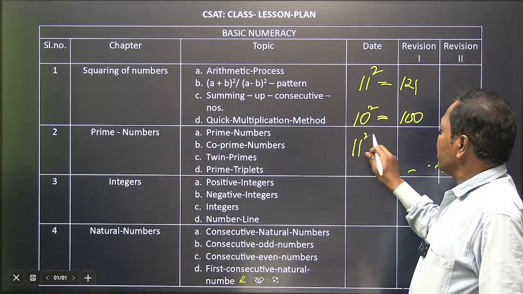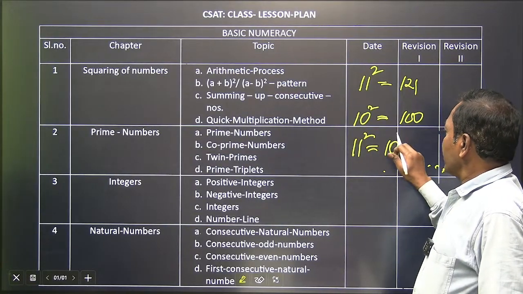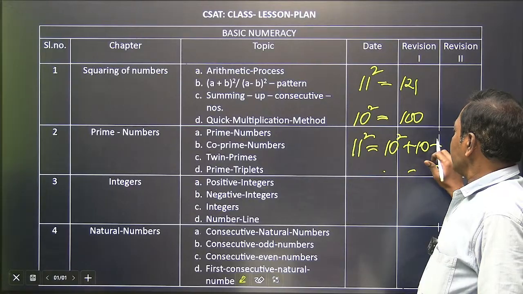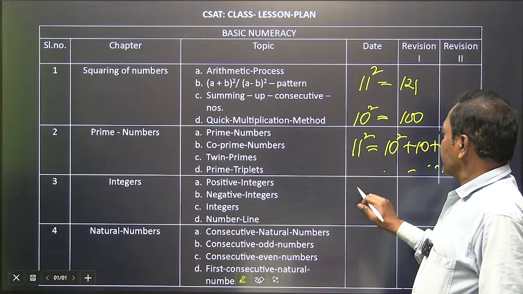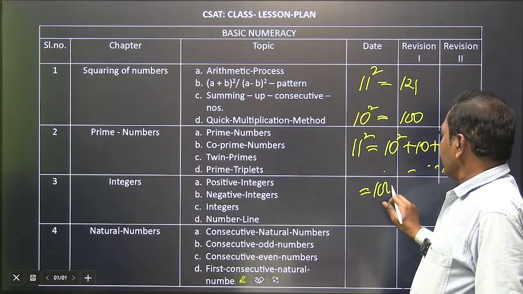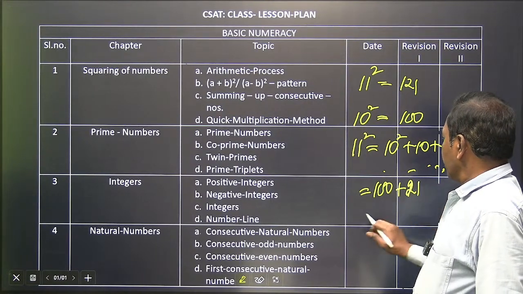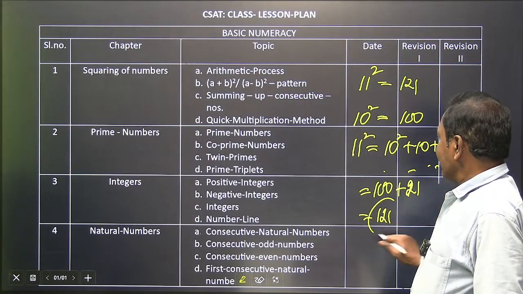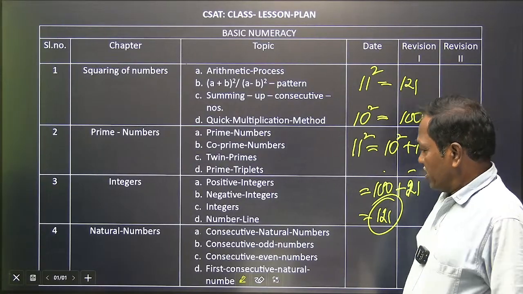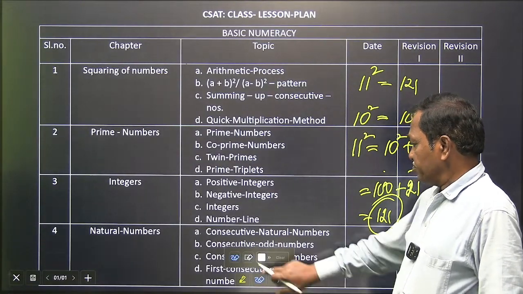And 11 square is equal to 10 square plus 10 plus 11. It means 100 plus 10 plus 11, that is 21. So 121. So like that. You can see it the other way also.